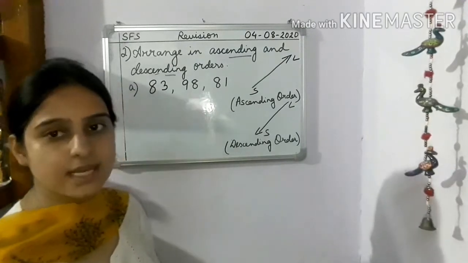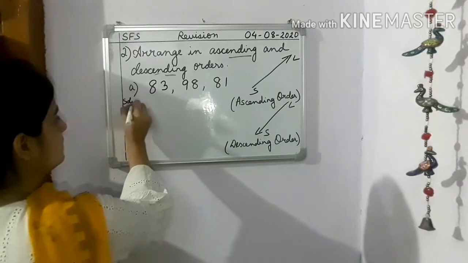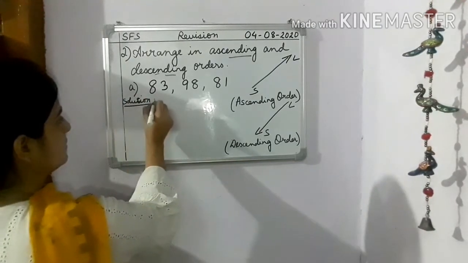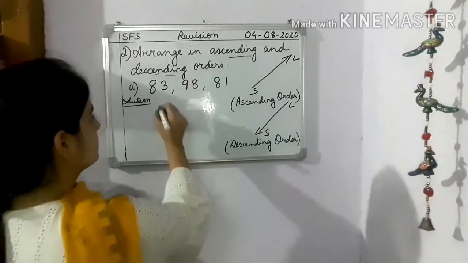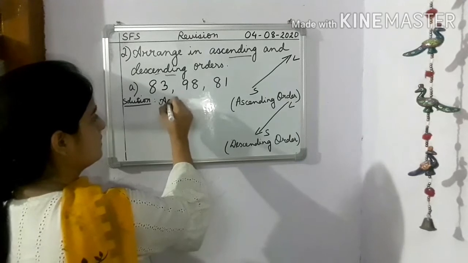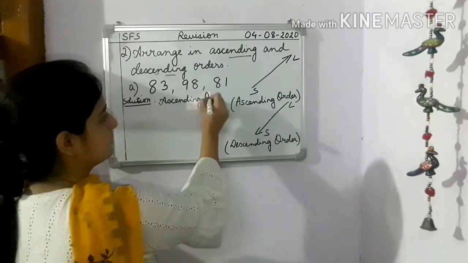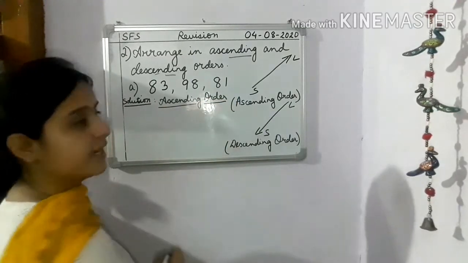So let's do this sum, children. So you can write your solution. Now first we will arrange in ascending order. Okay.